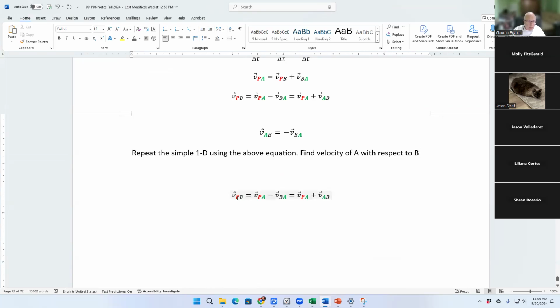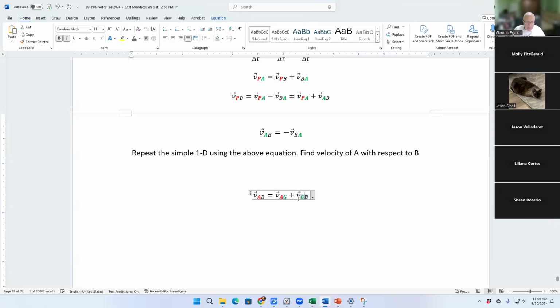So here you go. Whatever is P is going to become A. P is A. A is going to become the ground, right? Different notation.